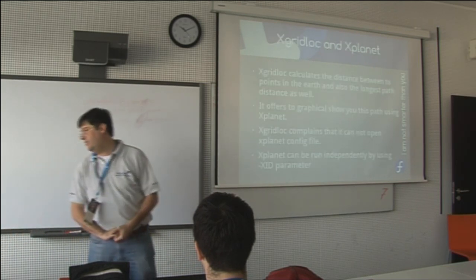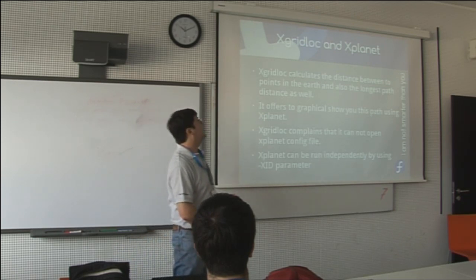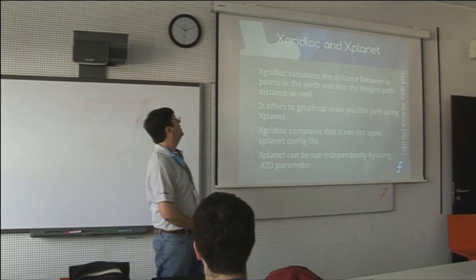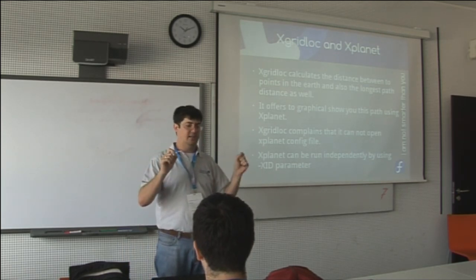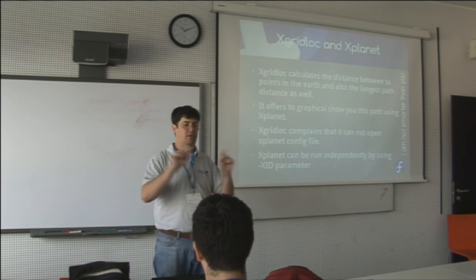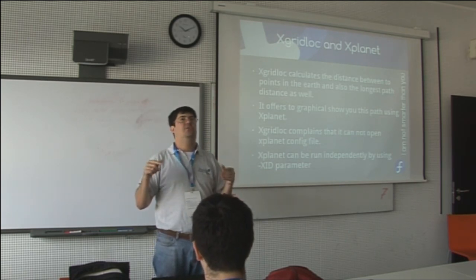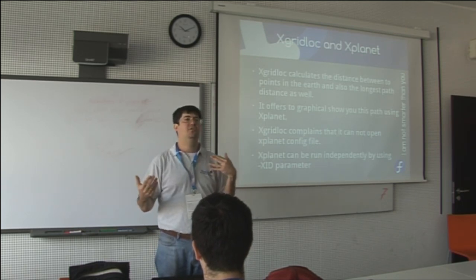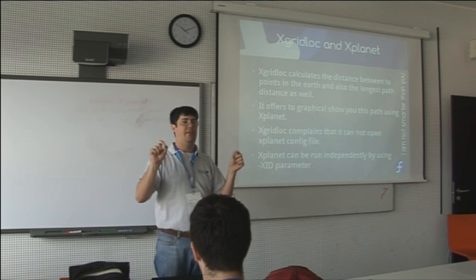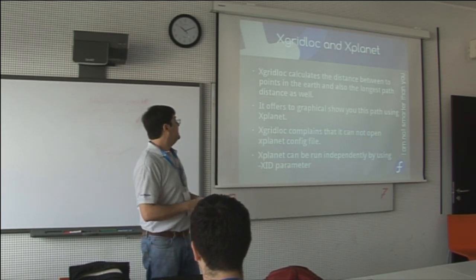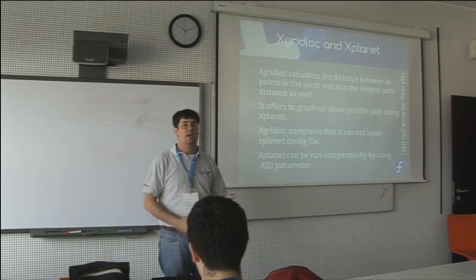So this is my first example. There is an application for amateur radio called gridlock, and it calculates where you are and where other people are. It shows the distance and the bearing, and for amateur radio it is also useful to know the other way around. You have the short path and the longest path around the world, and it offers a connection with XPlanet.